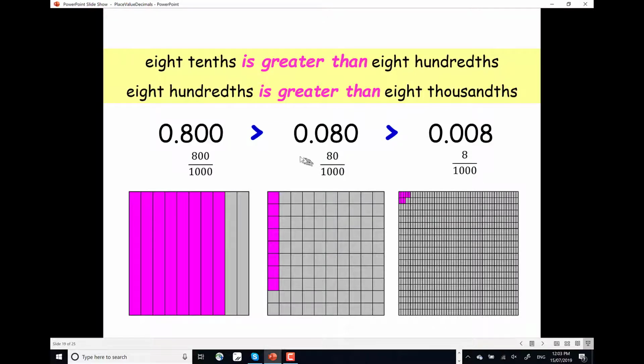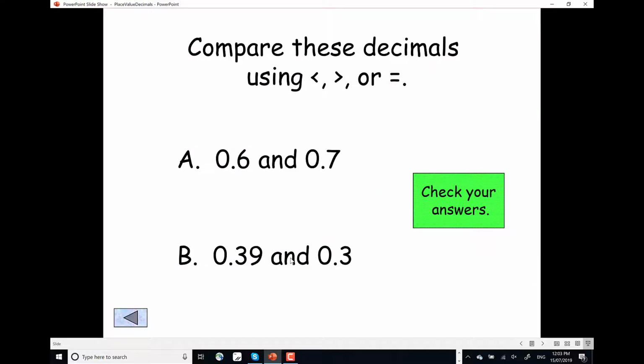Now what I've done is I've put them all over 1,000 so you can compare, and it's just a simple case of going 800 is bigger than 80, which is bigger than 8. Hence the symbol, and you will notice the crocodile gobbling up the bigger numbers, if you get confused with greater than and less than symbols.